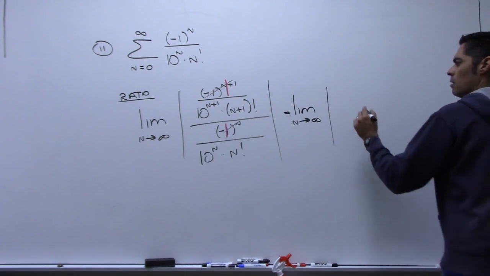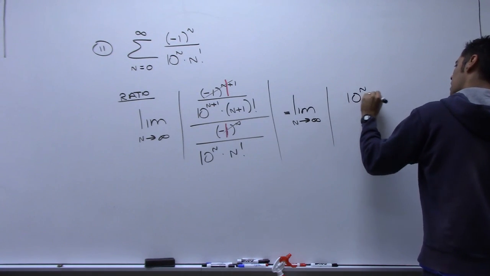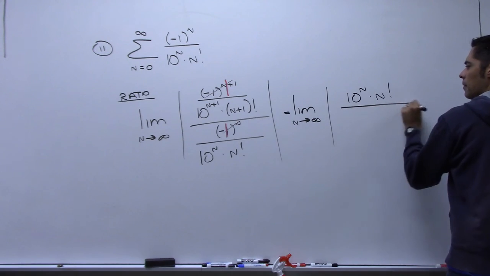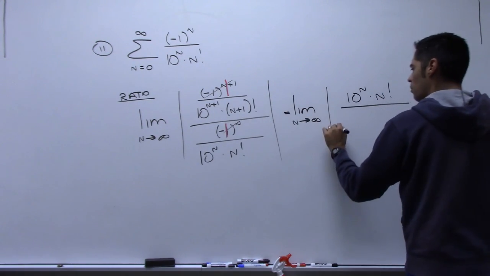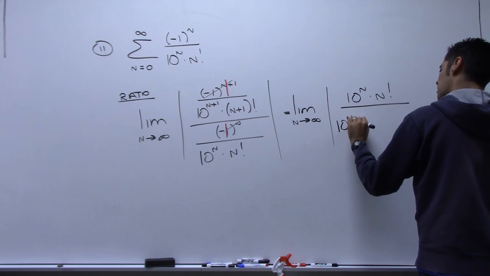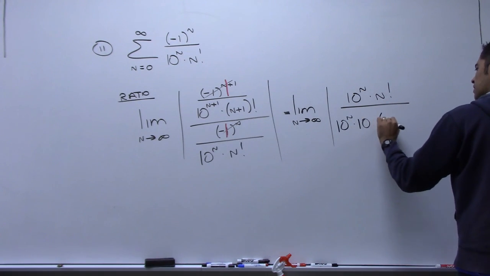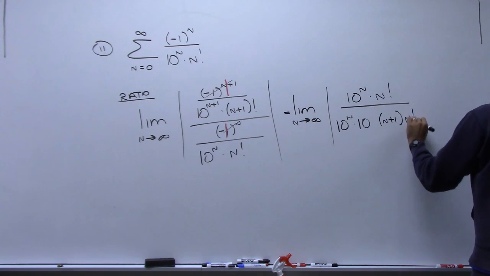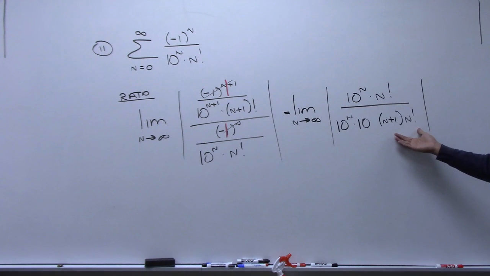So it'll look like this. It'll be 10 to the n times n factorial on top. That's this one up here. And then on the bottom, I have 10 to the n plus 1, which I'm going to write as 10 to the n times 10, and then n plus 1 factorial, which I'm going to write as n plus 1 times n factorial. So I'm just using properties of exponents here and the property of factorials.